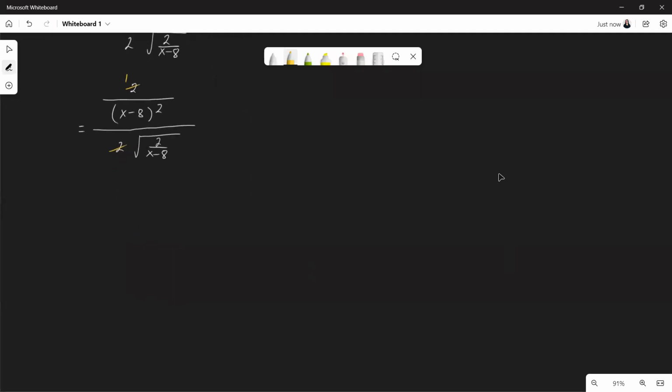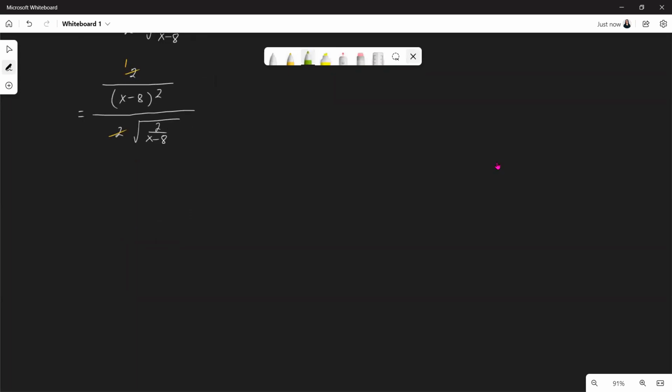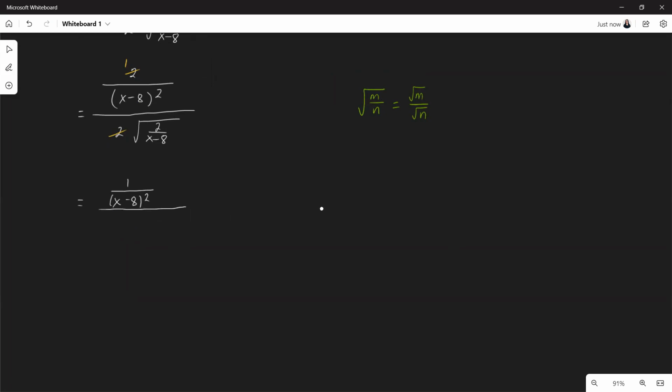Using one of the laws of radicals, we are having a radicand expressed as a fraction, so we can write it as square root of m over square root of n. So copy the one on top, and for the bottom, we can write it as square root of 2 over square root of x minus 8.